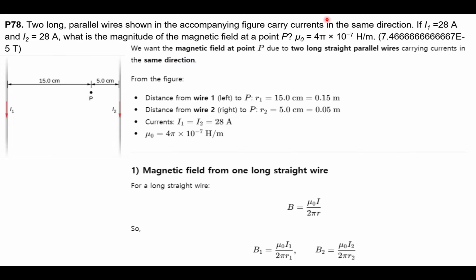So we need to think about how those wires are generating magnetic field, and then we will see how it goes. The first thing is that we need to understand the formula for the magnetic field. And then we have a two wire source, I1 and I2. They are in the same directions.